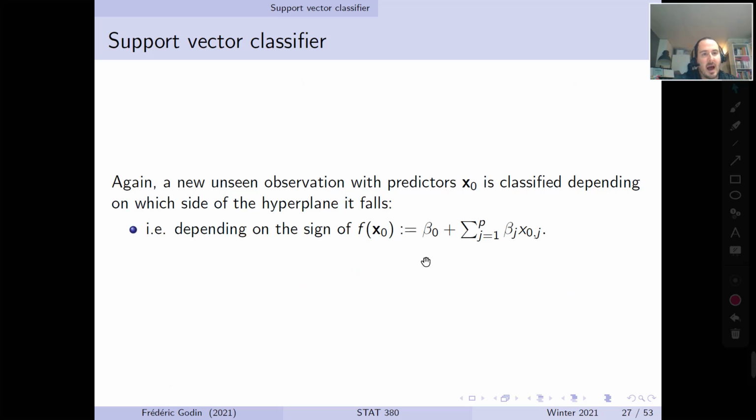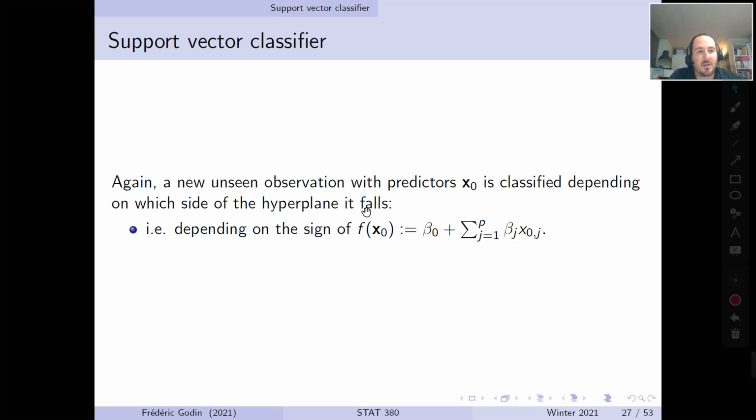And once again, how do we do the classification? It's exactly the same as before. If we have a new data point whose predictors are x0, then to classify it we can compute f of x0, the linear combination of the predictors based on the betas, which characterize the optimal hyperplane of the support vector classifier.